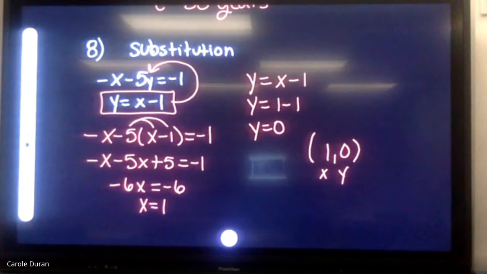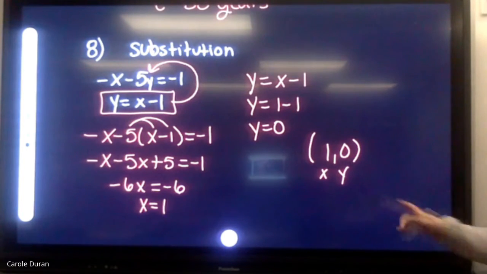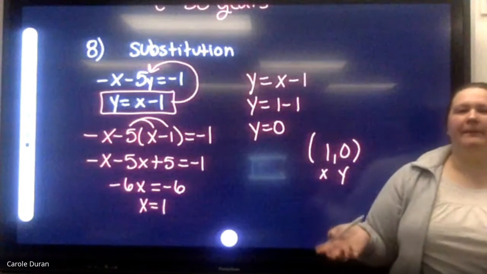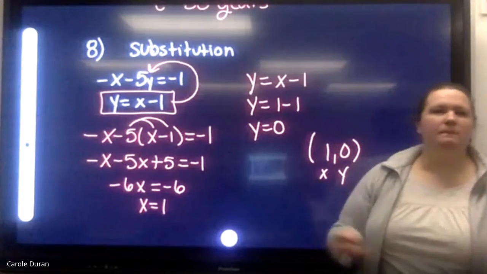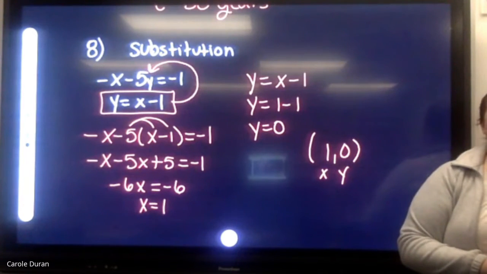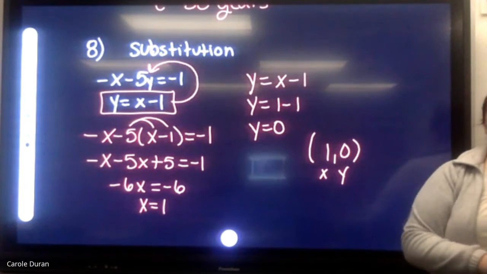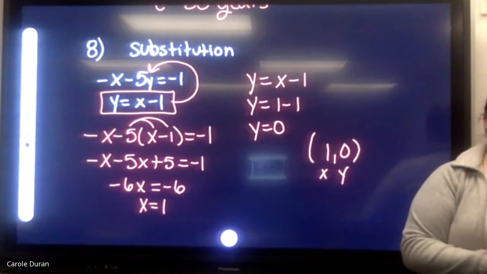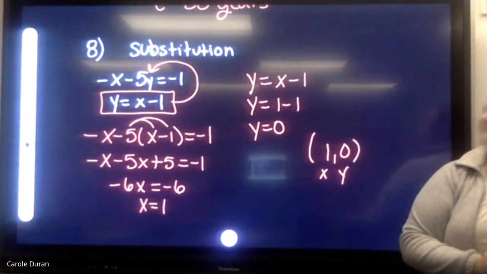If you had it correct elsewhere, I might not count off. So if you had x equals and y equals, you just put it in here wrong, I'm probably not going to be a huge stickler about that. Okay. That's something I would write backwards. We all do it. Even I do it. I do it all the time.